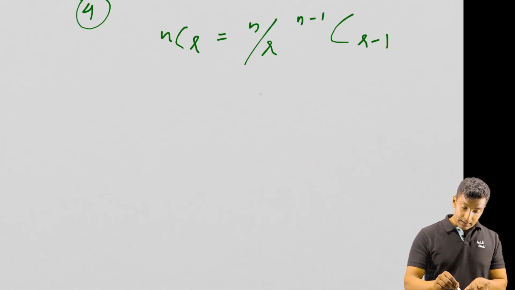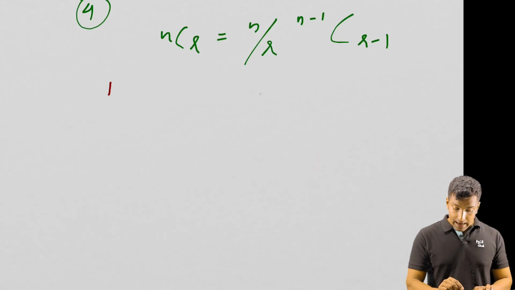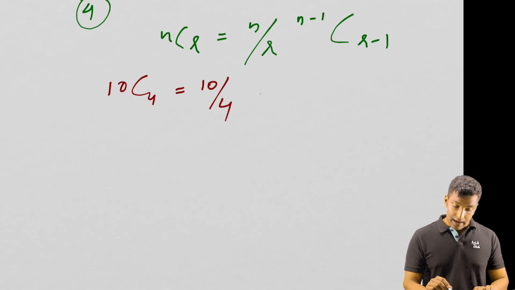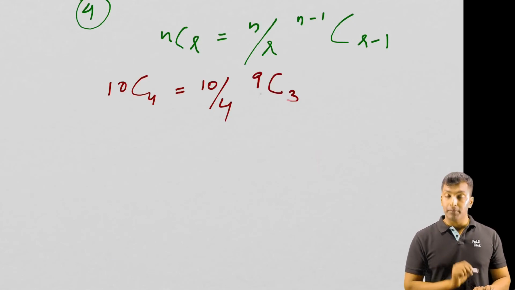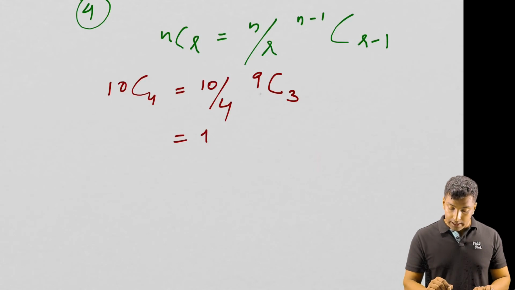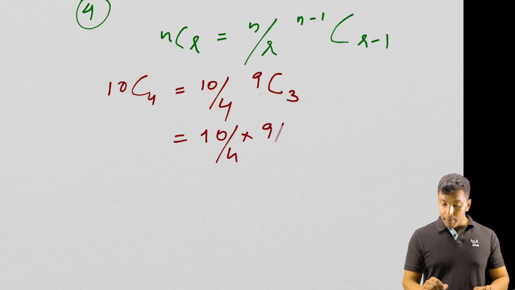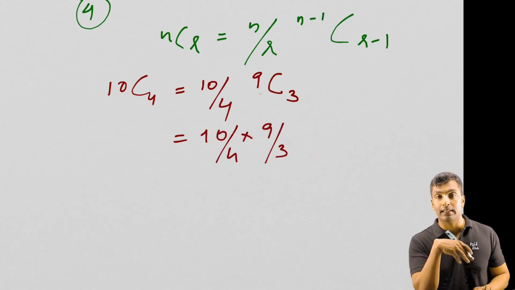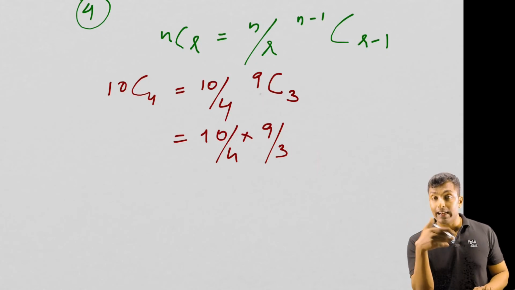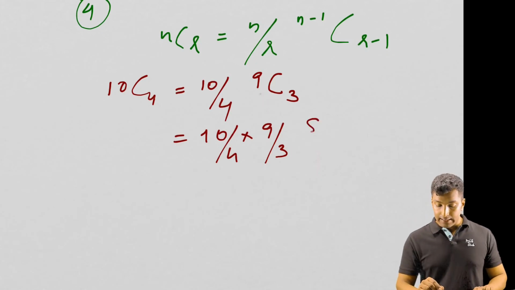Now, where is it applicable? In some cases, if you get questions like 10C4, how will you apply this? You can first take out 10 and 4, then you can write 9C3. This further you can continue: 10 by 4 into 9 by 3. From 9C3 you can take 9 by 3, then you write 8C2.